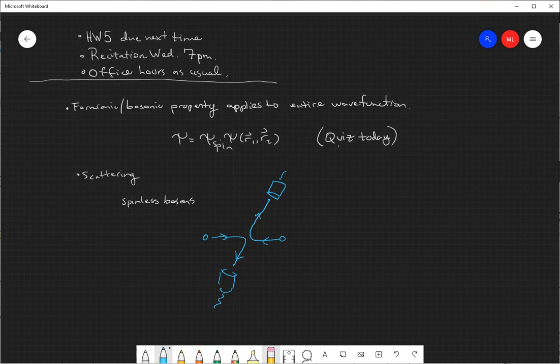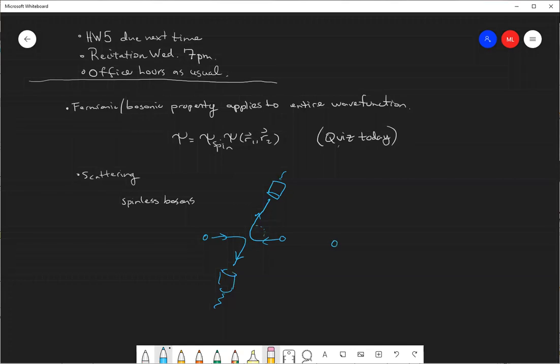And if you think about what the scattering amplitude would be, say for this guy, it has incoming here and then it's outgoing here. So there's some angle theta associated with the scattering amplitude.